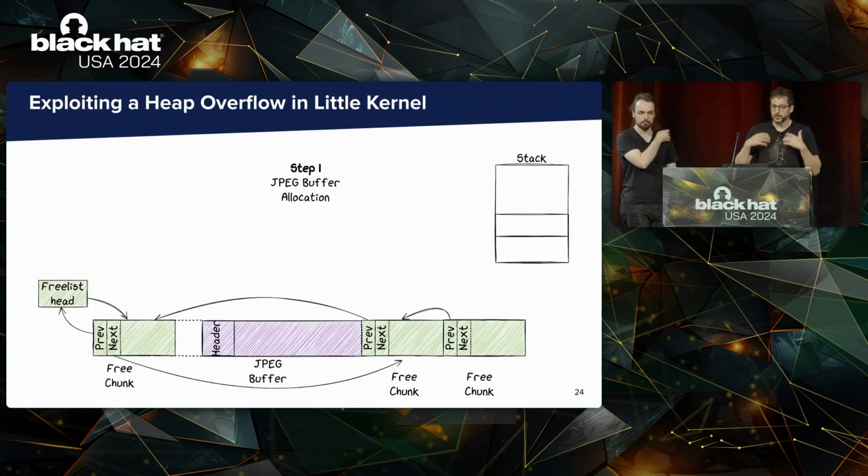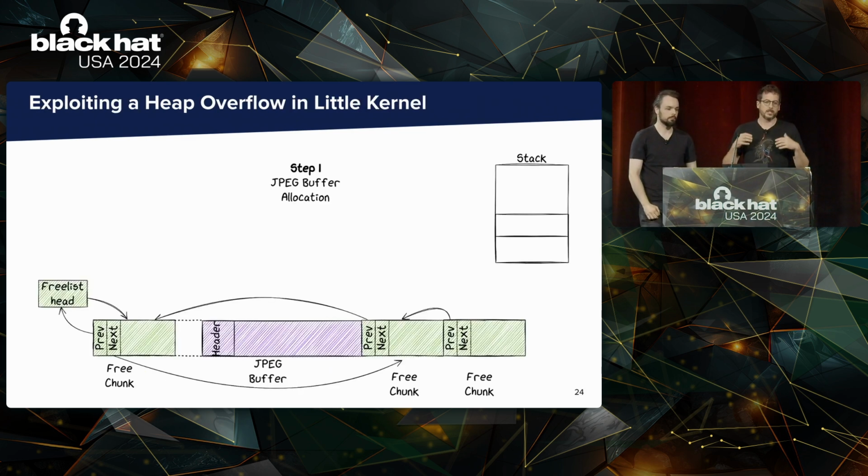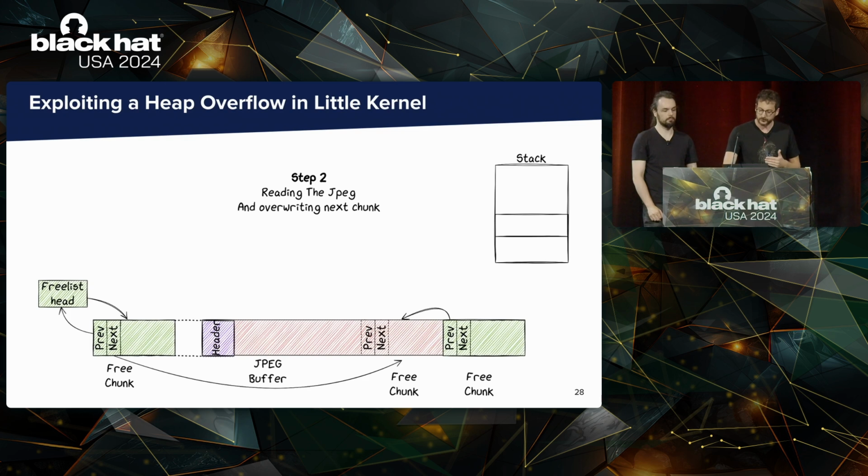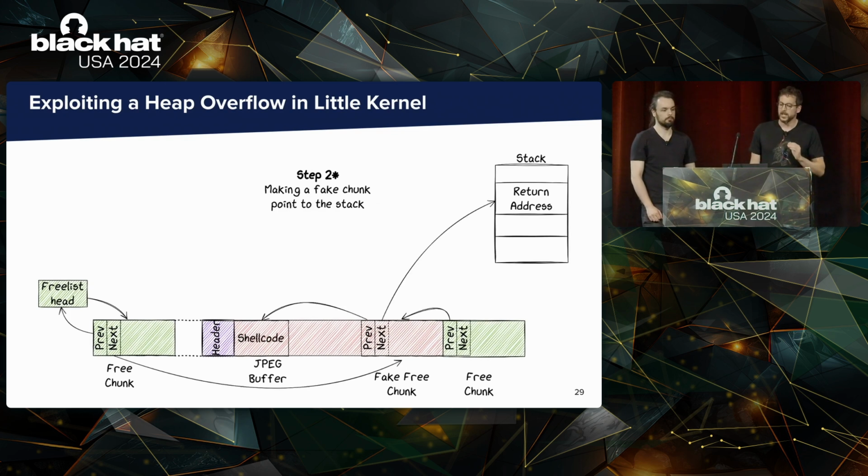So here is a representation of the free list. And in purple, you see the JPEG buffer that was just allocated. The system will read the file, and it will fill the buffer with it until it overflows and overwrites the next free chunk. And we will replace this next free chunk with a fake chunk where the next pointer points to the return address in the stack, and the prev pointer points to the shellcode inside our JPEG buffer.